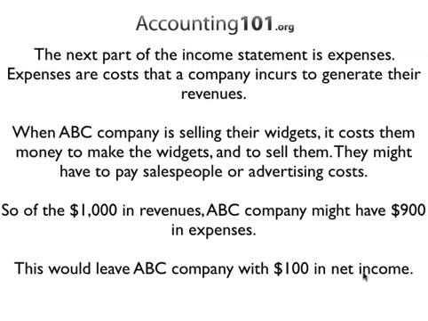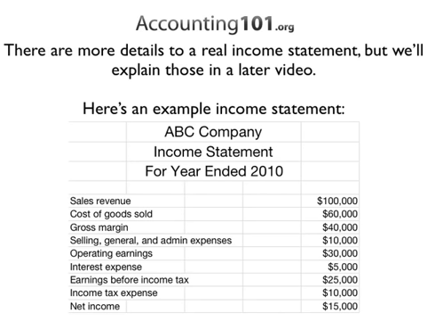And so the net income, again, just means the amount of the revenues that are left over after you take away your expenses, or what it costs your company to produce and sell the widgets or your services. Now, there are more details, obviously, to a real income statement, but we'll explain those in a later video.